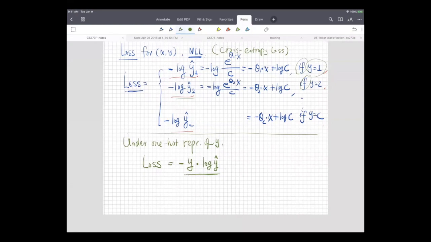Under this representation, keep in mind that y now is an n-dimensional binary vector, a one-hot representation. And y hat here is also an n-dimensional vector, but it's not binary. It's a probability vector, which means its entries are between 0 and 1, not exactly 1 or 0.